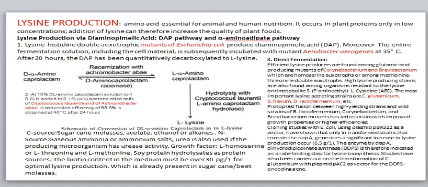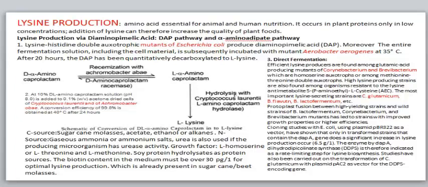Now, lysine formation is an amino acid. There are two main pathways: one is the diaminopimelic acid pathway, another is the alpha aminoadipate pathway.